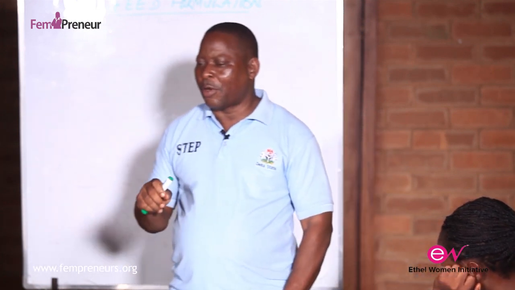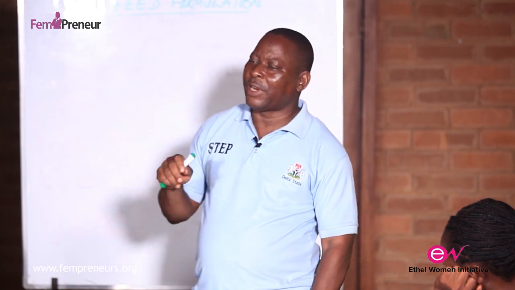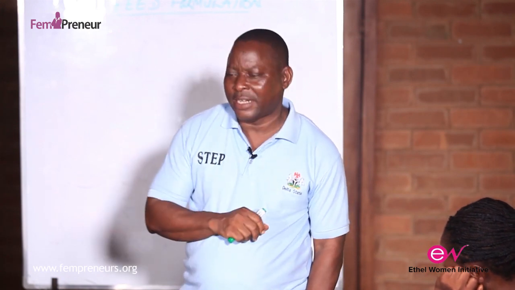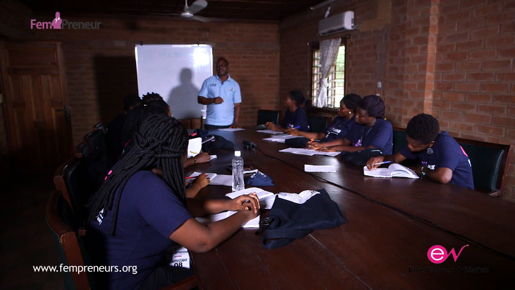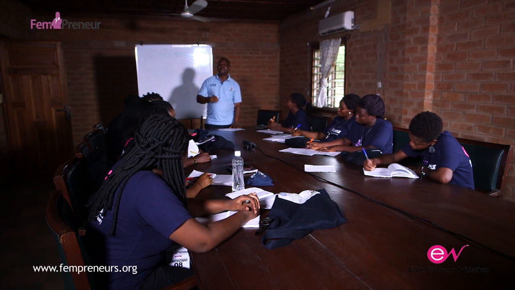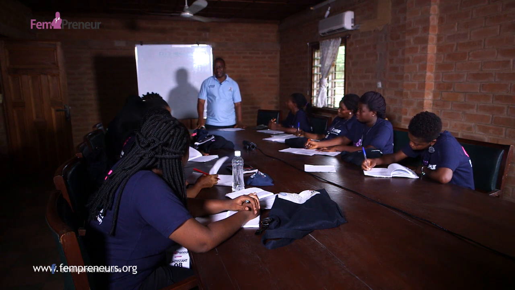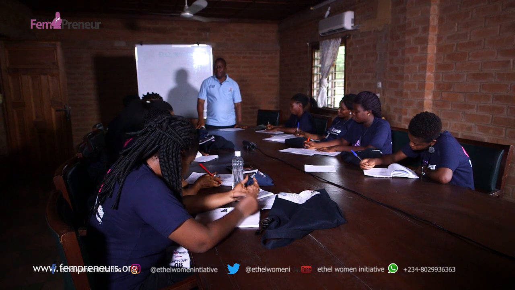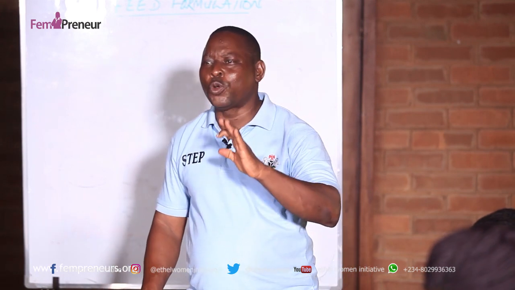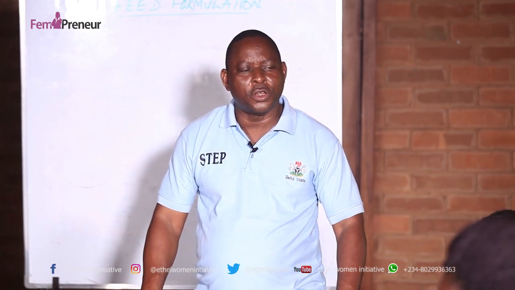Another key thing we look at in the raw material or the nutrient we require is what? Carbohydrates. Carbohydrate is the major source of energy in the feed ingredients. Though all other ones are useful, these two key nutrients are vital to the production you are going to make.